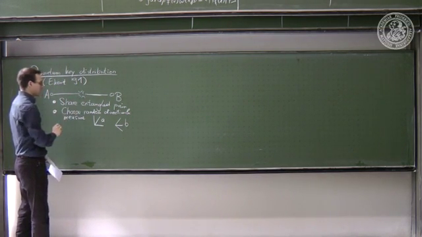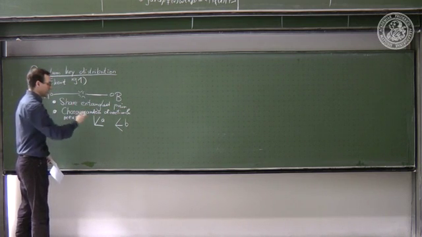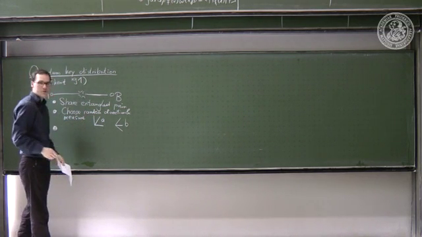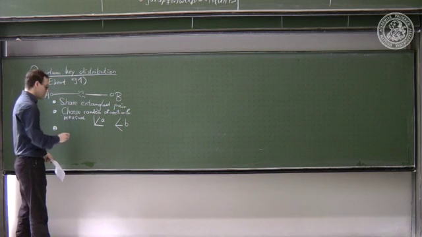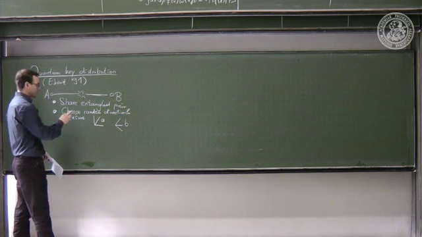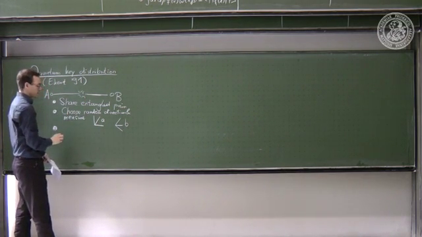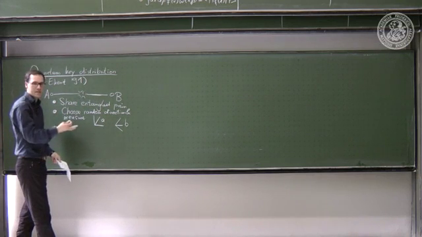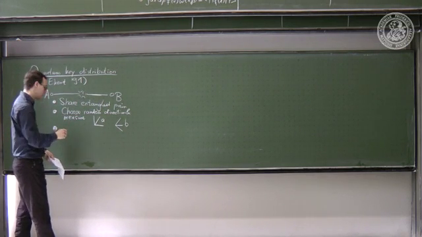So after having done all this measurement, they publicly announce which directions they chose to measure in. And then for all the cases where they chose the same direction, this defines the secret key, because they are perfectly anti-correlated.